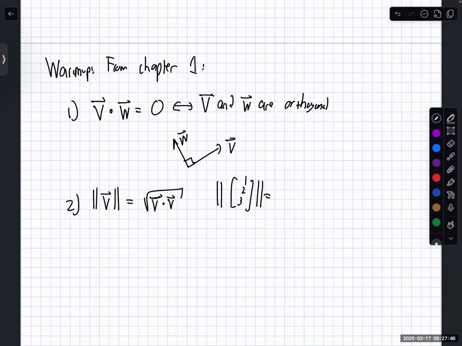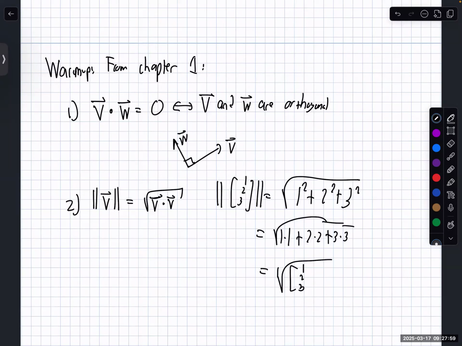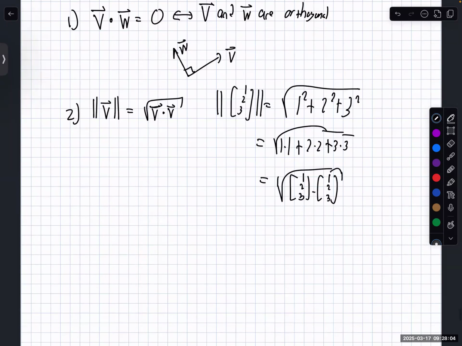So if I wanted to compute the magnitude of 1, 2, 3, okay, and then fact 3, the definition of unit vector is the length is 1.